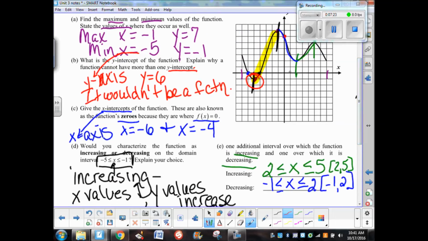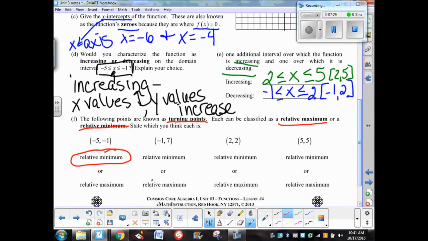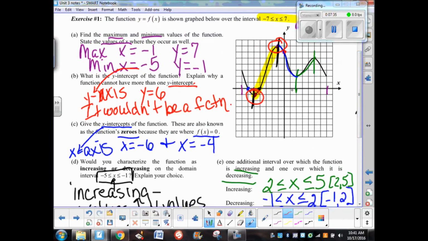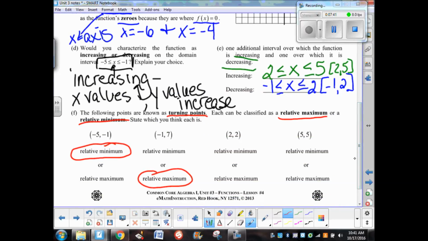-1, 7. So -1, 7 up here is considered a relative max. It's a high point. What about 2, 2? That point right there is going to be a relative min.